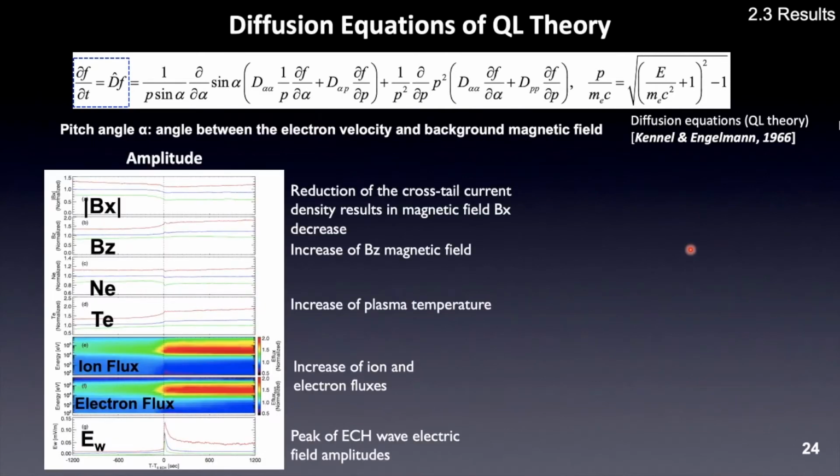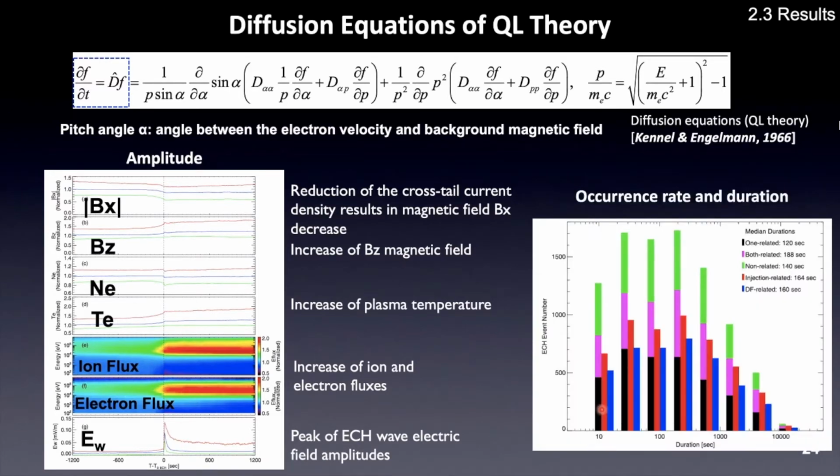Here is a superposed epoch analysis of ECH wave amplitude, down at the bottom, as a response to depolarization fronts and plasma injections from the magnetotail. We can see that almost immediately after this magnetotail dynamics, we see a rise in the ECH wave amplitude.